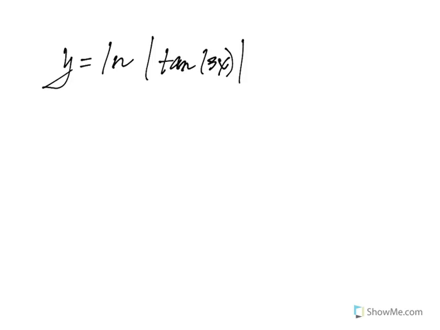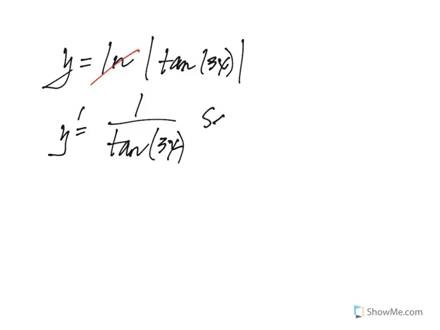All right. Here's another complex one. Let's go ahead and take a look at this. This y prime then is going to be equal to, remember I work outside in, the natural log of something is 1 over what I'm natural logging. And I'm going to keep track of this chain rule here. So now I go inside. I've got the tangent of 3x. That is the tangent of something. Remember, that is also chain rule because it's trig.